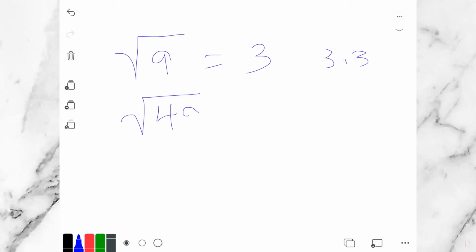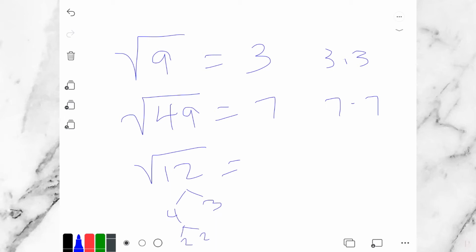And if I do the square root of 49, it's 7, because we know 7 times 7 is 49. And then we've even done square root of 12, which we know is 4 times 3, and that gives you 2 and 2, so there's a pair of 2's, and the 3 is by itself, so it's going to stay in, okay? And so we've been simplifying all those.